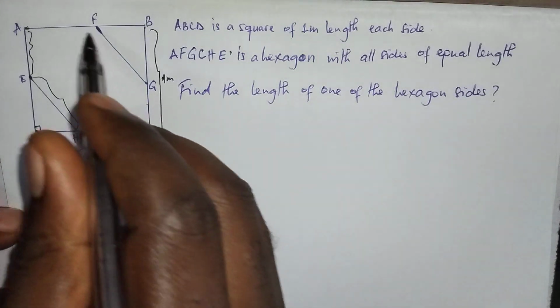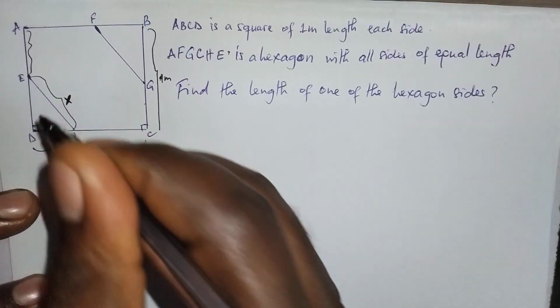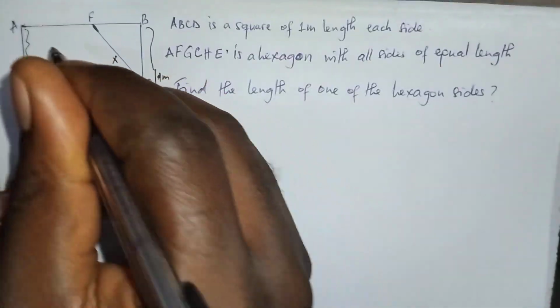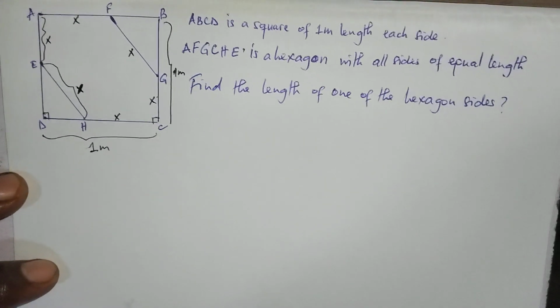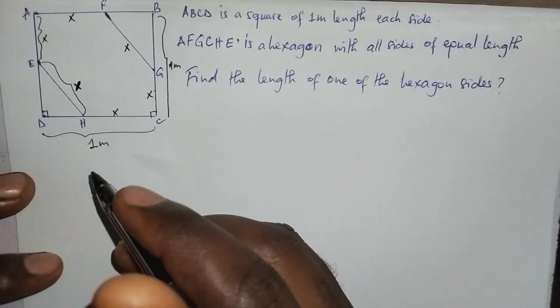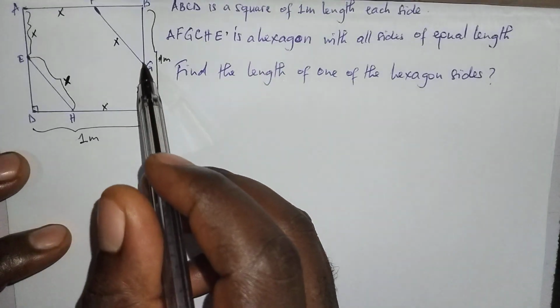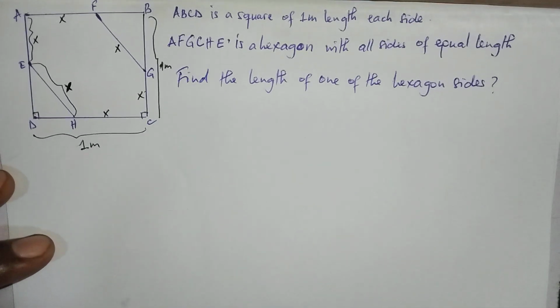These sides are equal. Let us say it is x. Each side is x. Now we are going to find the length x of each side of this hexagon.